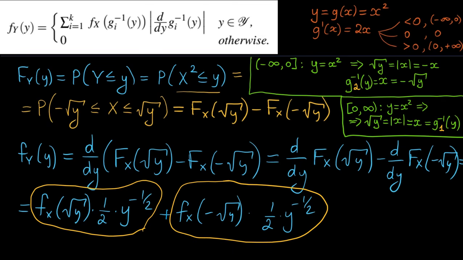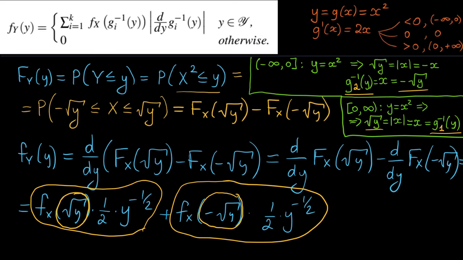Notice that in this first term, the PDF of x is evaluated at square root of y, which is the inverse of g1. And in the second term, the PDF of x is evaluated at minus square root of y, which is the inverse of g2.